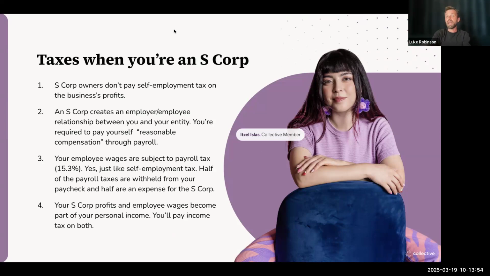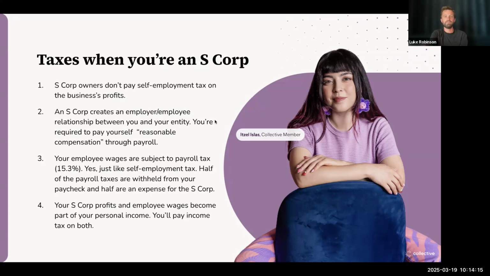But the cool thing about S Corps is the only chunk of your earnings that's subject to the self-employment tax is your salary amount, the W-2 salary that you pay yourself. The rest, the business profits, whatever's left over, are no longer subject to those taxes anymore.